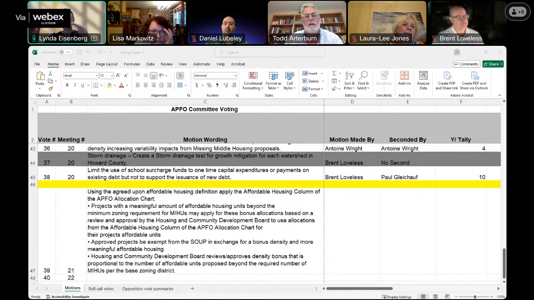Okay, so right. I think the first thing to break down is, in order to use that affordable housing column, that column would be utilized only for projects that are above the base zoning allowance for MIHU requirement. So if you're above the base requirement, you would pull from that column.